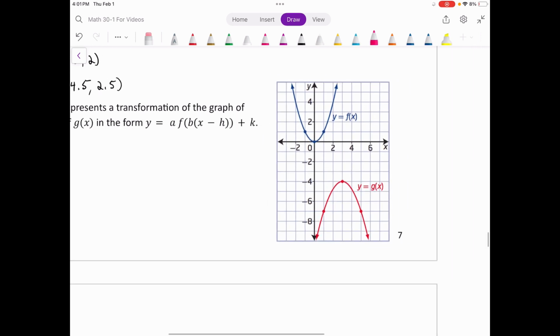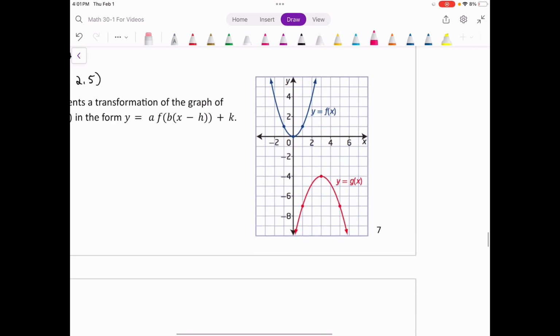Because it's totally possible that this was stretched and reflected and translated. And how do we figure out which ones of those happened? Well, I'm noticing that this parabola, I mean, we can tell this is just y equals x squared, right? Now, it passes through the origin. It passes through (0, 0).